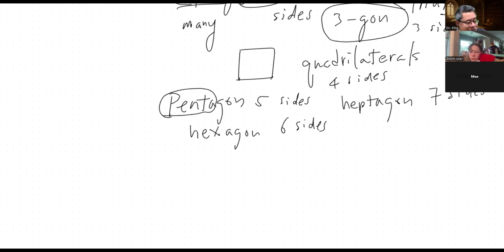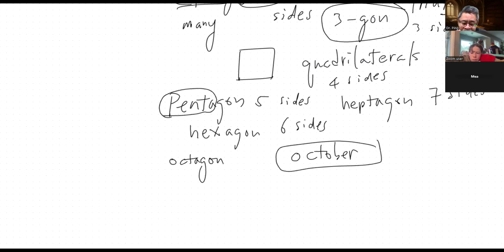So eight sides, we call that octagon. Octagon. Like in the calendar, we have October. Actually, in the original calendar, this is the eighth month. October means eighth month.